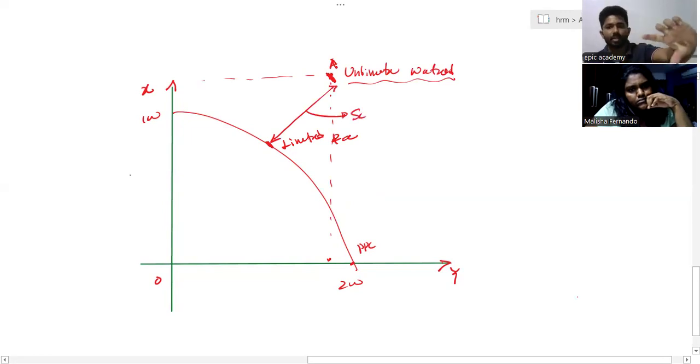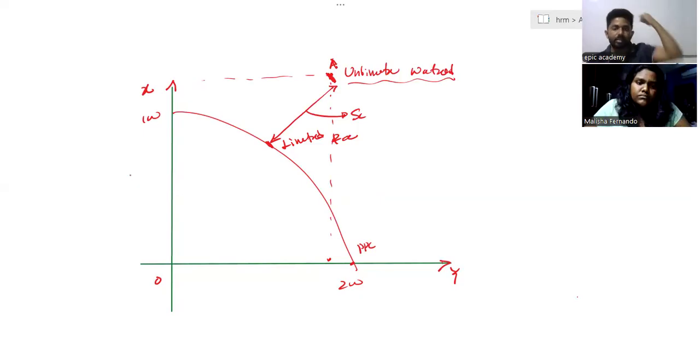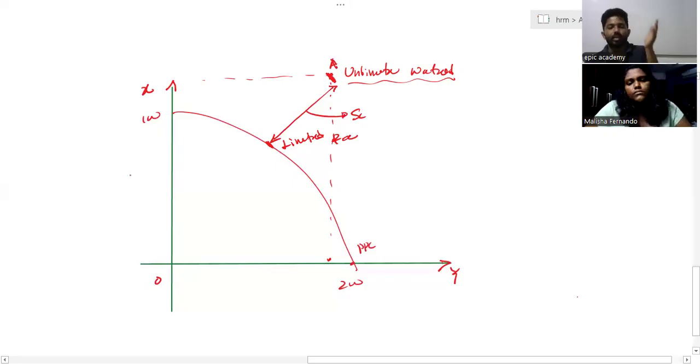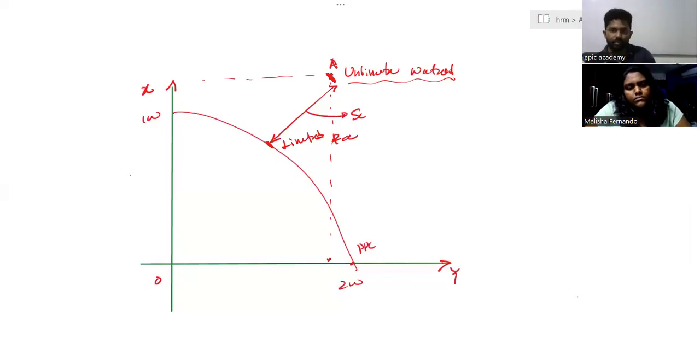So now you can represent that one by using the PPC curve. What is the concept of scarcity? The difference between unlimited human wants and limited resources. Because of these limited resources, they cannot satisfy the unlimited human wants. So scarcity can be pointed out above the PPC curve. You have to describe that one.